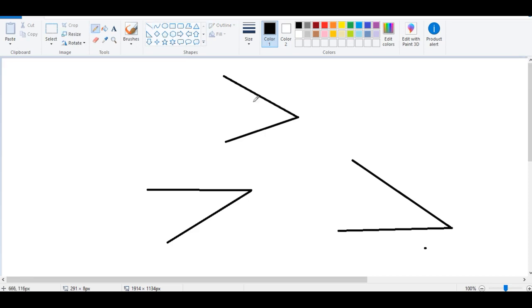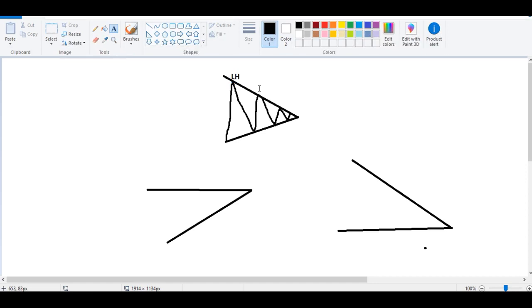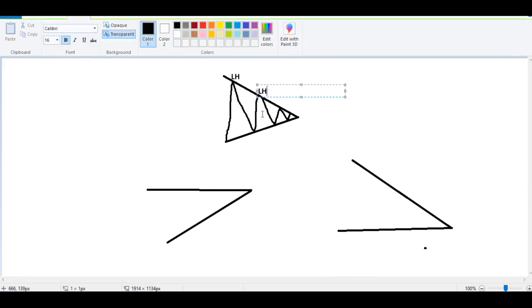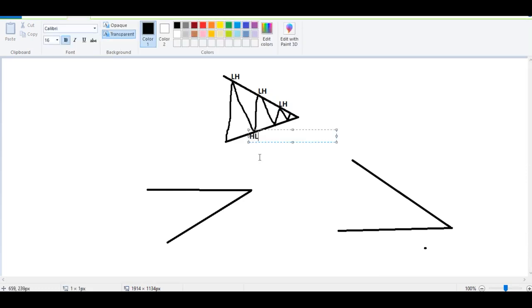In a symmetrical triangle, price moves in a symmetrical manner. Meaning, what it's essentially doing is making lower highs and higher lows.